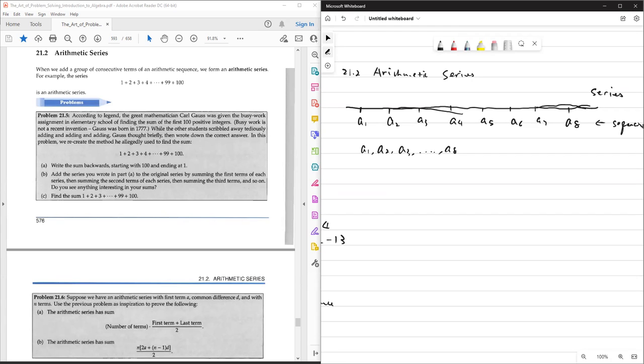You add up these numbers. So when we say a series S4, it is everything added up from the first term to the fourth term. So this equals A1 plus A2 plus A3 plus A4. This is the sum of the first 4 terms of this sequence.